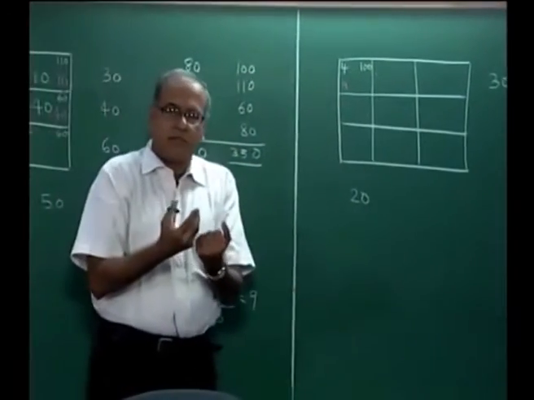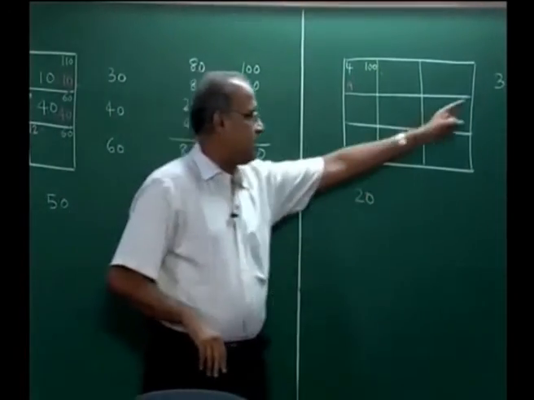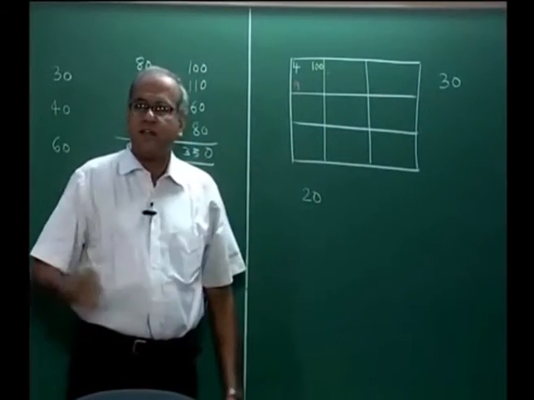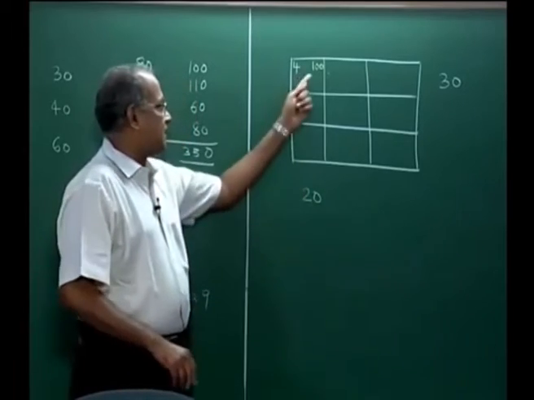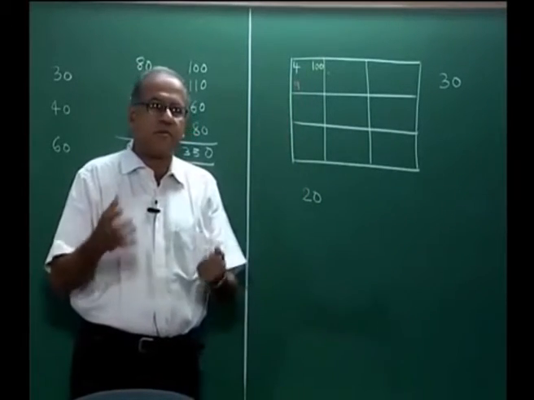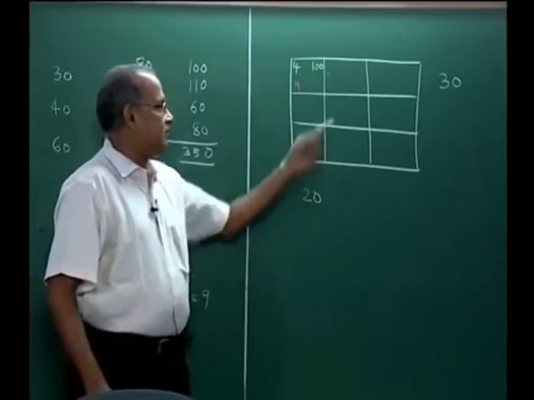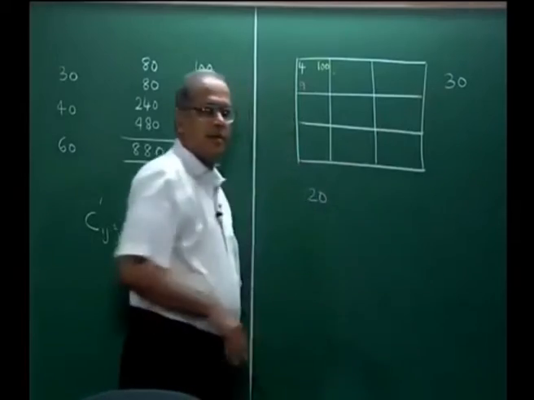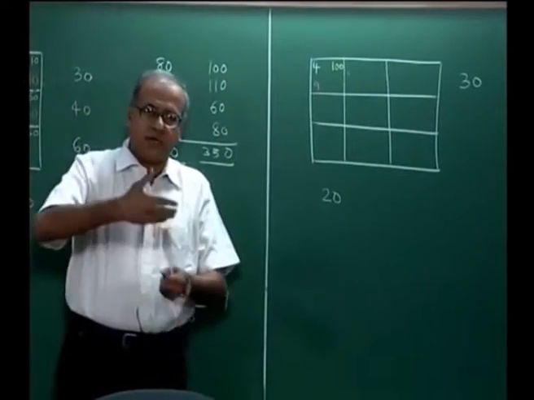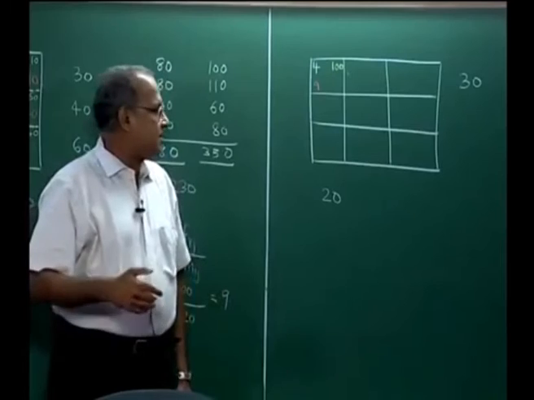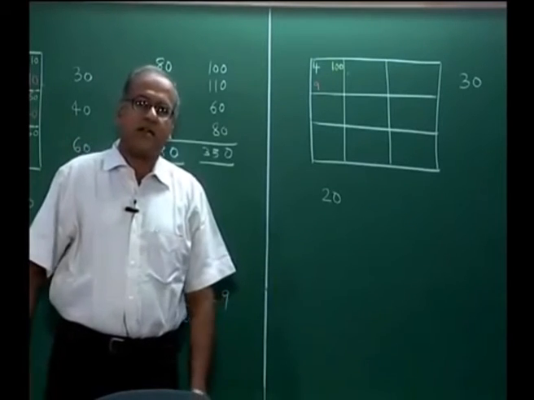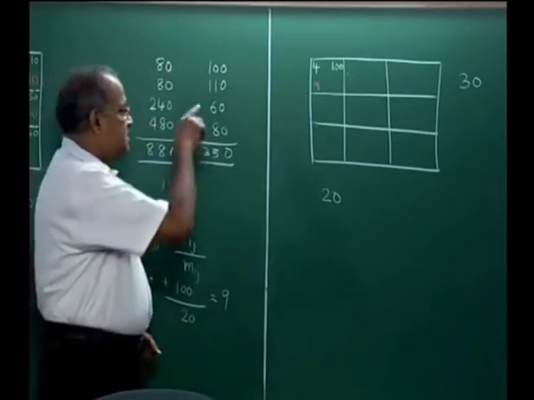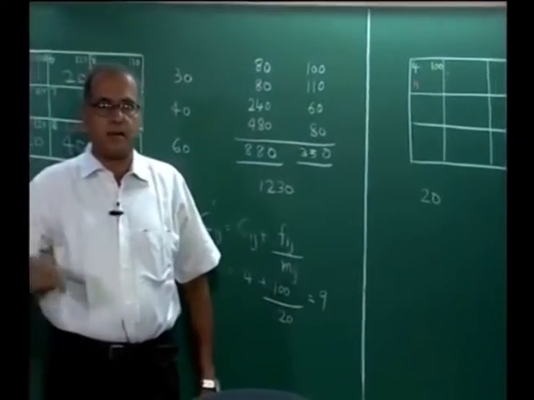The maximum that can be transported from this to this is the minimum of the two numbers 30 and 20, which is 20. Therefore, this 100 should be used in transporting a maximum of 20. So, per unit the apportionment of the fixed cost can be 100 by 20, which is 5, and therefore, C dash ij becomes Cij plus Fij by Mij.